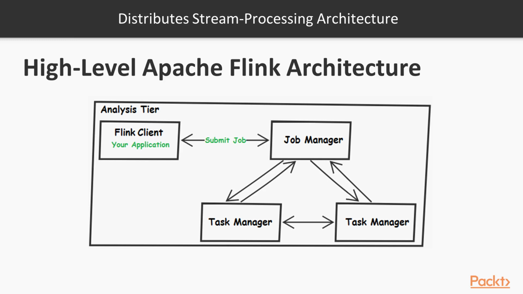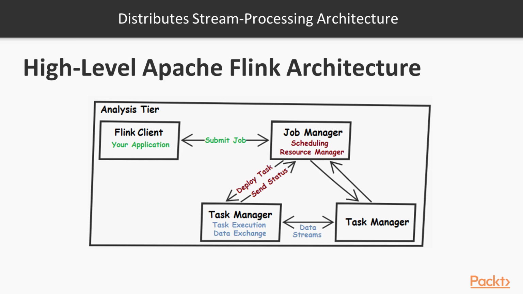The Flink client is responsible for optimizing the job, constructing the job graph, submitting the job graph to the job manager, and retrieving the job results. The job manager is responsible for creating the execution graph, or parallelization of tasks, assigning the tasks to task managers, and supervising the execution state. Finally, the task managers are responsible for running the assigned tasks.